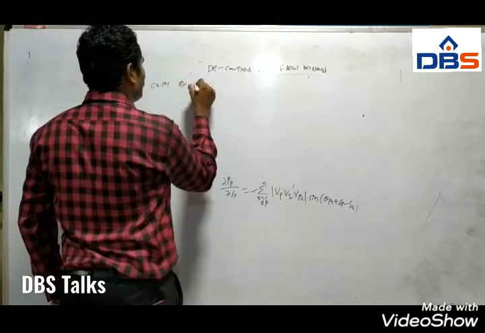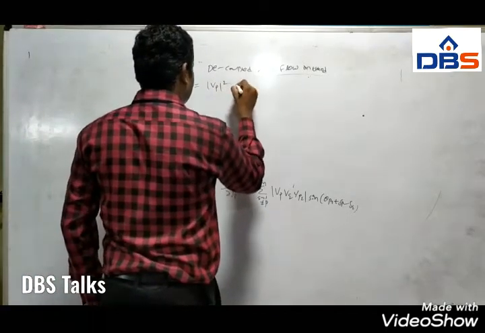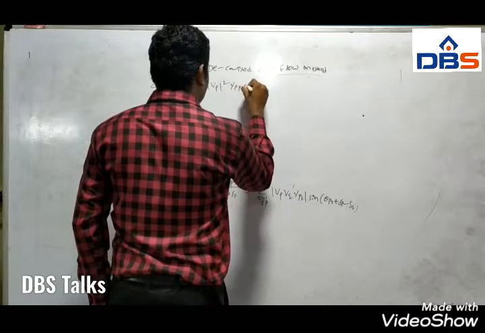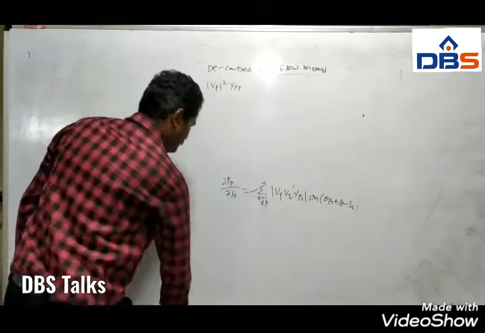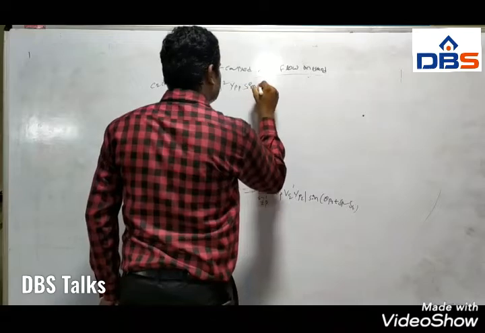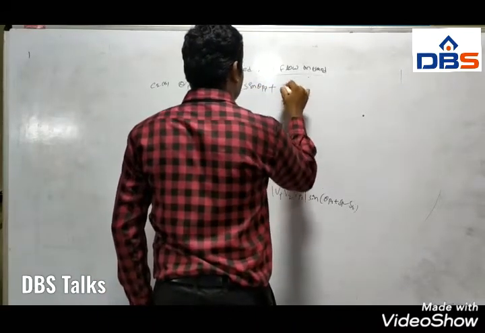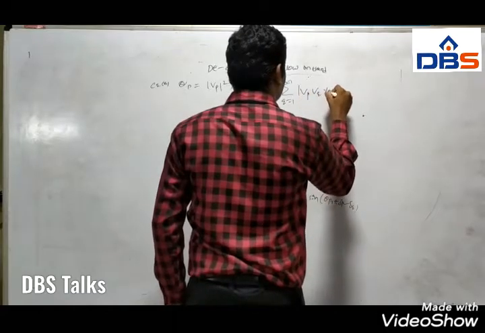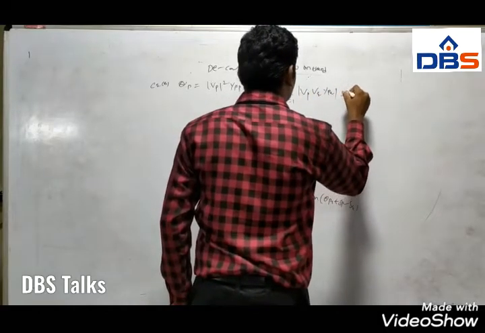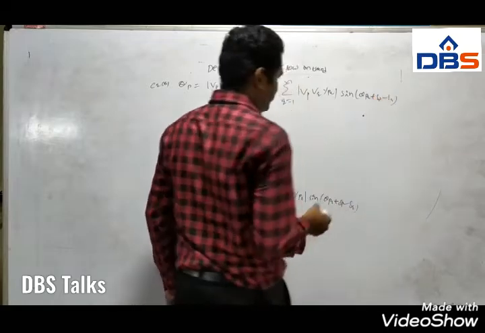We have QP is equal to |Vp| square Ypp sin theta pp plus sigma q is equal to 1 to n, |Vp||Vq||Ypq| sin of theta pq plus delta p minus delta q.